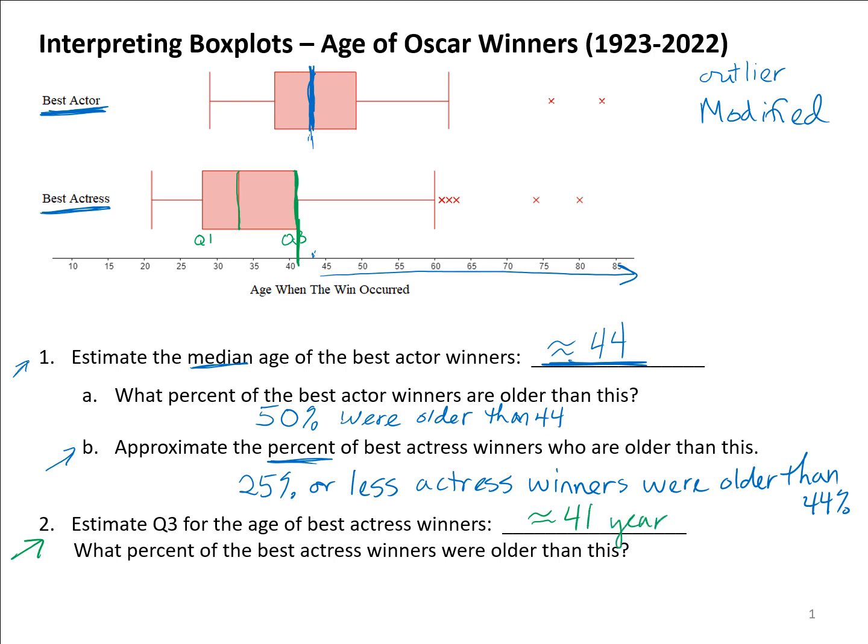What percentage of Best Actress winners were older than this? Well, that would be exactly 25%, because we are looking, again, above Q3, which means we only have 25% of the data left.